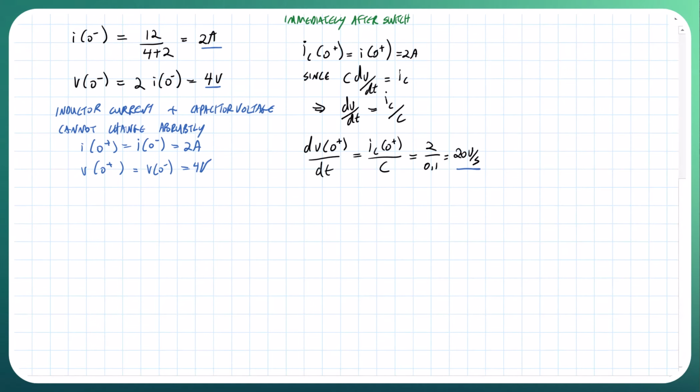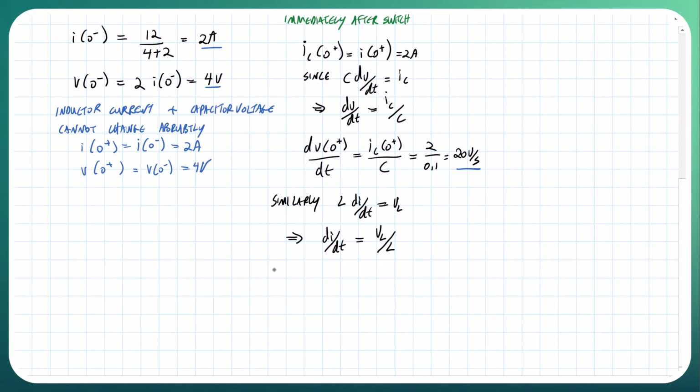And then similarly, we can do the same thing for the inductor. We know that L di dt is equal to VL. So we can rewrite this: di over dt is equal to VL over L. So now we can get VL by applying KVL.